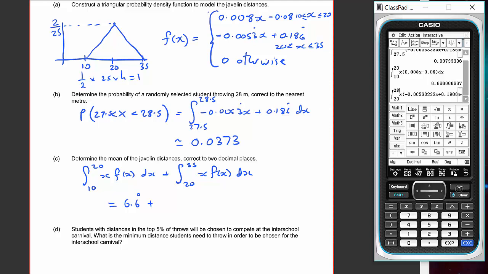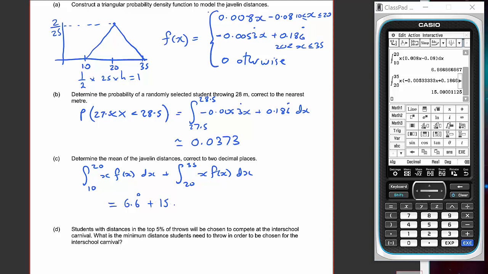So let's do that. That's 15 roughly. So I'm going to say that the mean is 21.6 recurring.